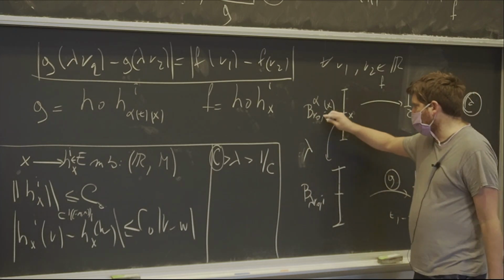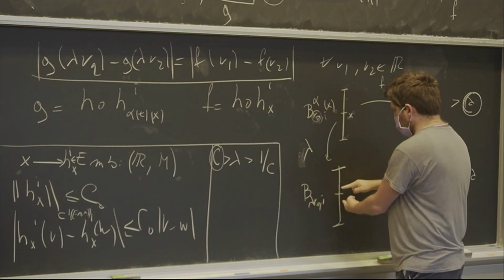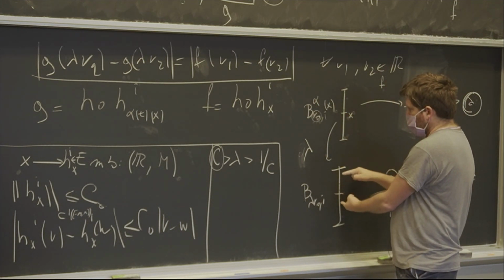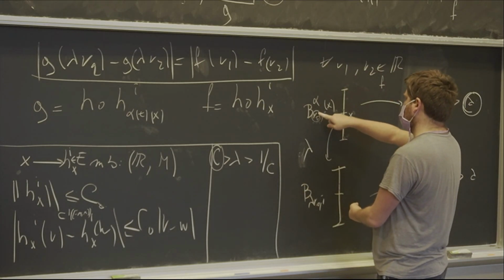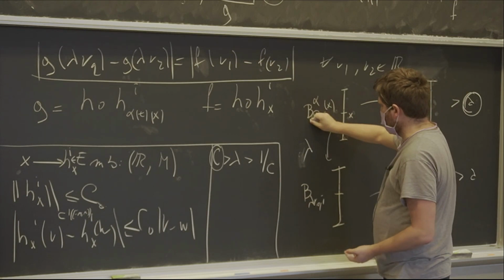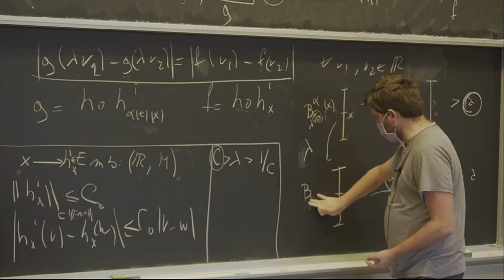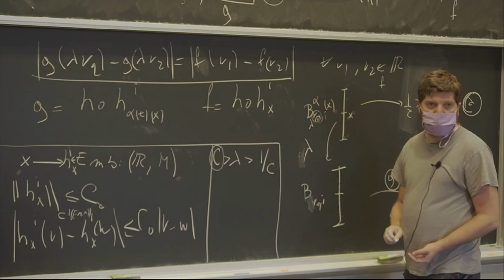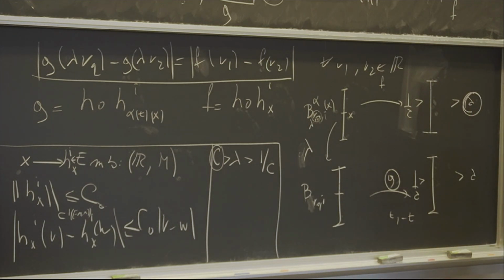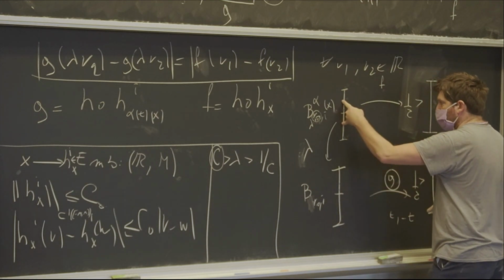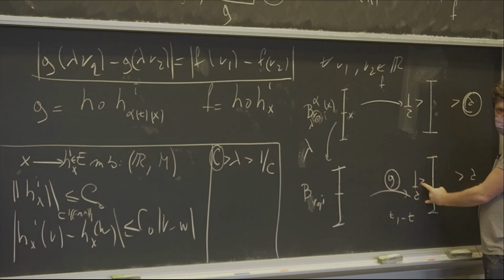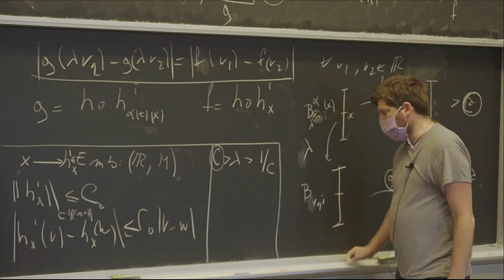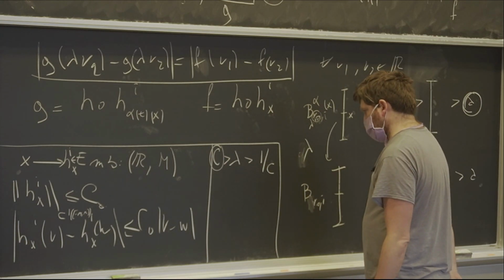So instead of taking this set R naught, you will be taking a much smaller set. We will take lambda minus 1 here and the R naught here. And then it's the same. Now you use the uniform continuity here, and you use the largeness here. And then you are done. So that's pretty much it.